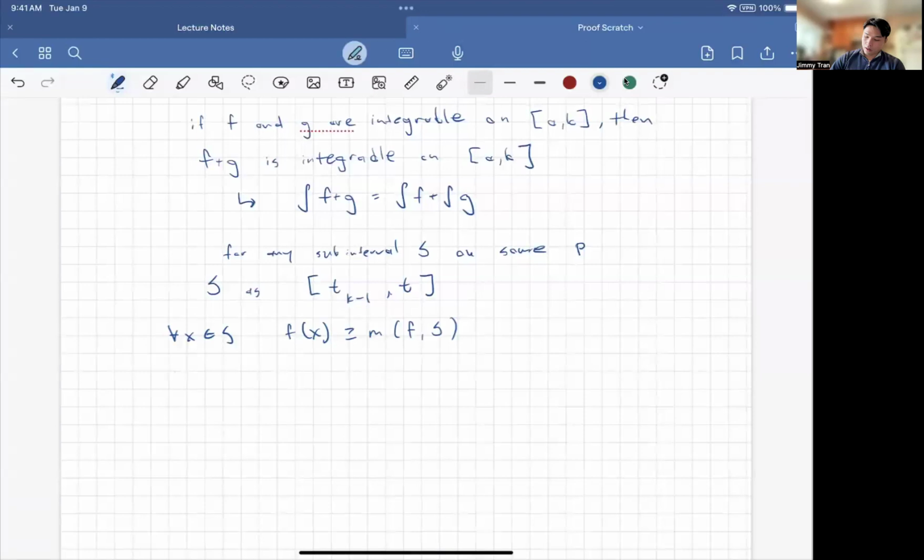So for all x in subinterval S, g of x is greater than or equal to the infimum of g over S.